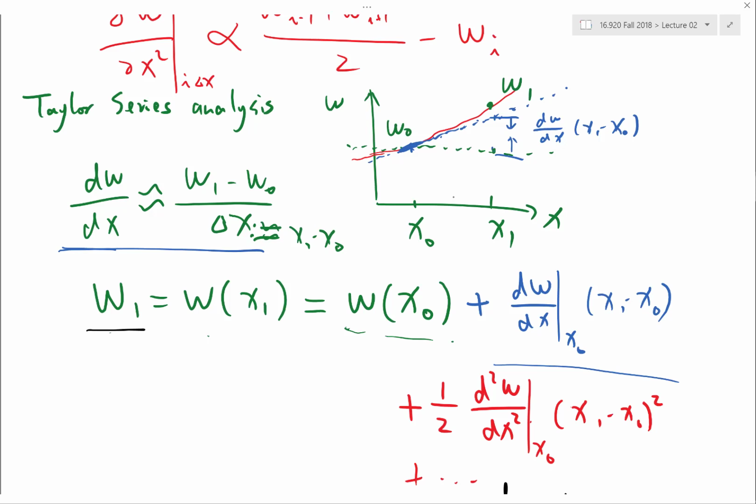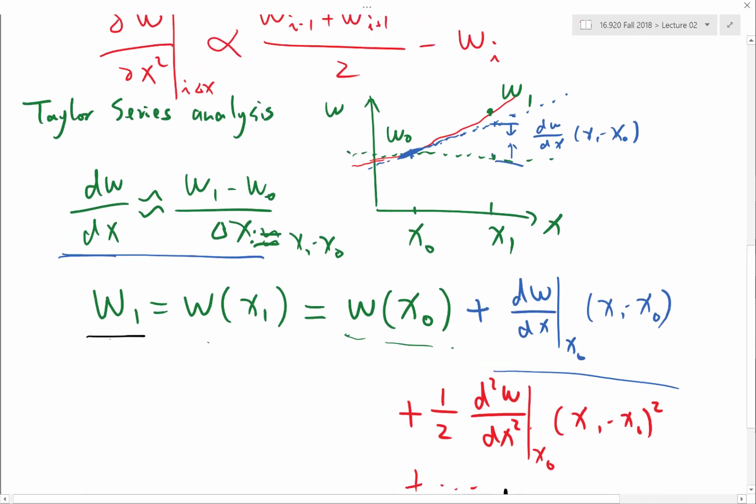A second order scheme means if I shrink my delta x by a factor of 10, my solution gets better by a factor of 100. They seem to be very good until you consider that I have delta x and delta y and delta z and delta t. And if I shrink all of these directions by a factor of 10, my computation cost actually goes up by a factor of 10,000.